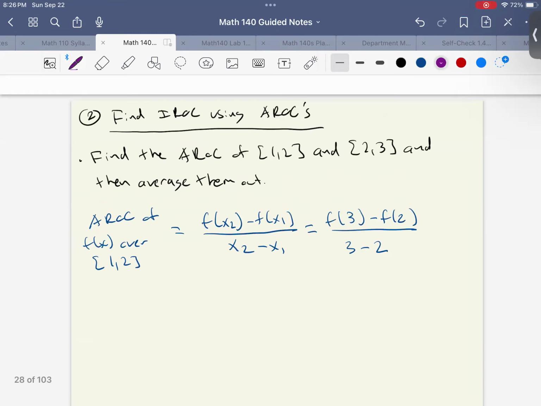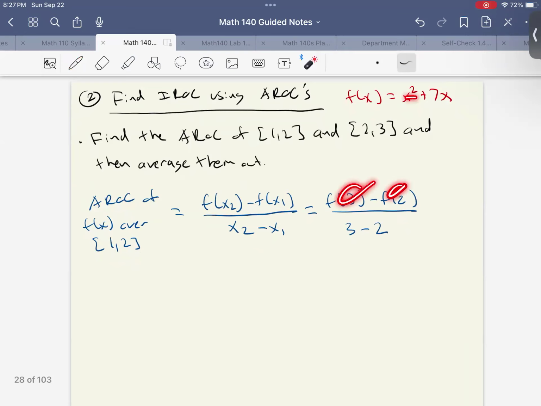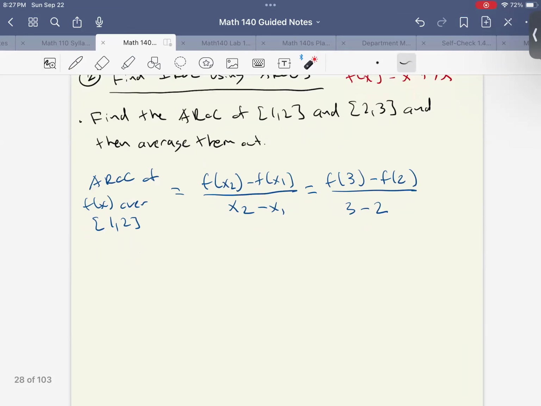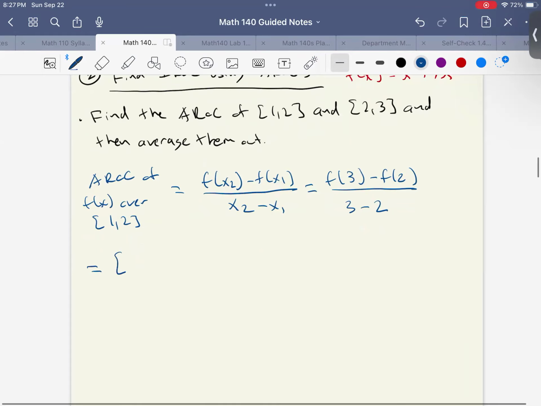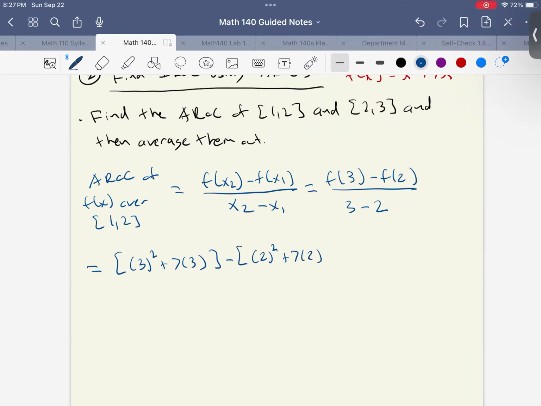So recall that f of x equals x squared plus 7x, right? So we're just going to plug in 3 and 2 into this guy and figure out what that is. So we get 3 squared plus 7 times 3 minus 2 squared plus 7 times 2 all over 3 minus 2, which is just 1.